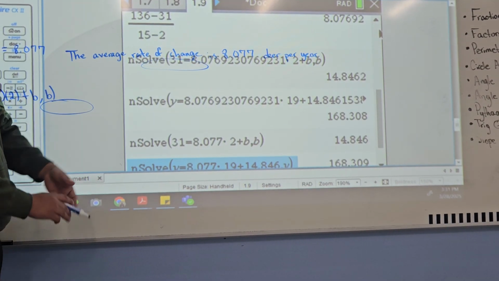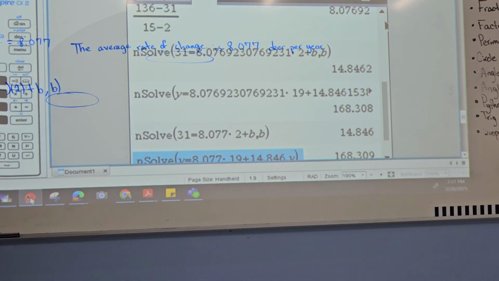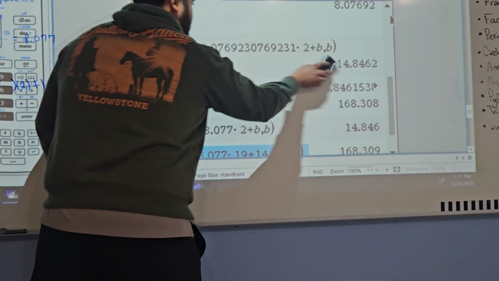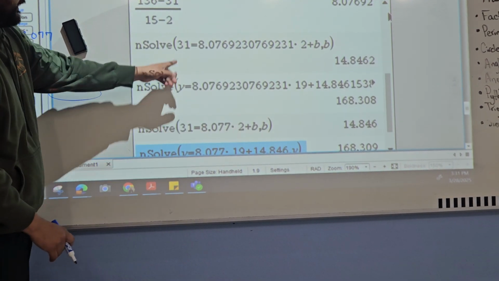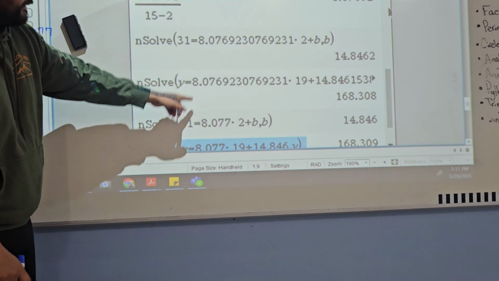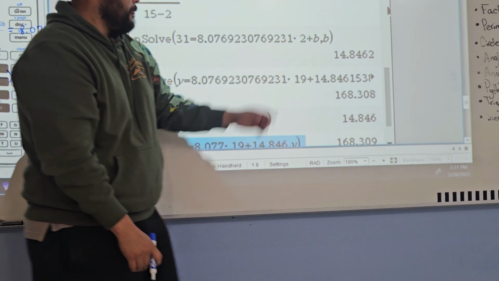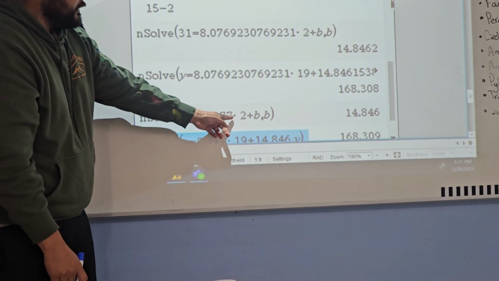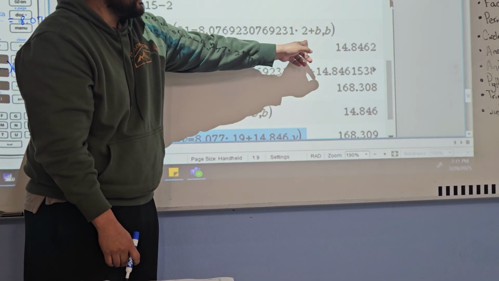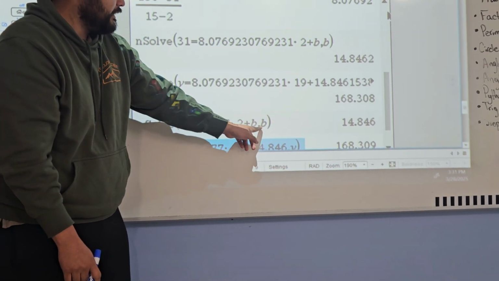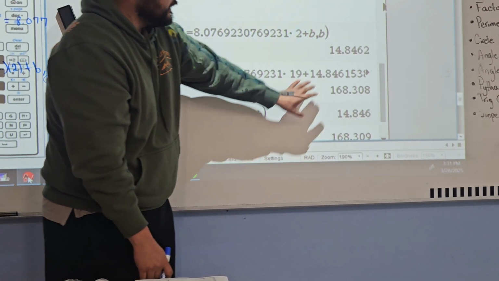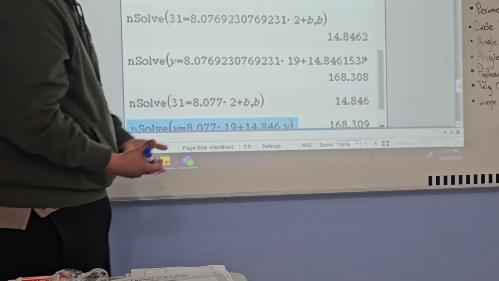And it's basically the same thing if I could erase someone from the earlier section, right? You're gonna notice that here you have these two right here, 31 equals 8.0, whatever decimals I got from here when I copied it, right? And over here I rounded, multiply times 2, plus b, comma b, right? So here, it wasn't a drastic change.